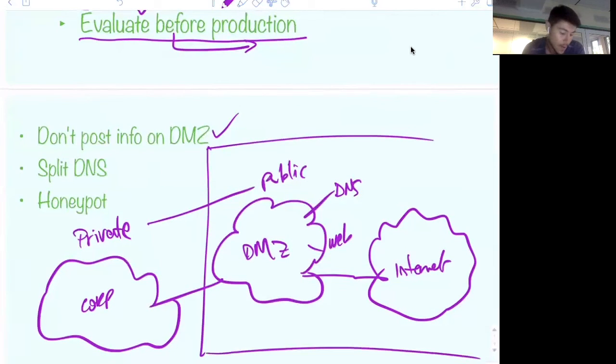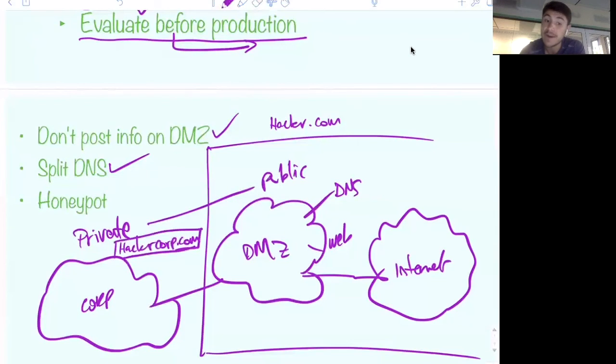So that's that. We want to split our DNS. If we have a domain name hacker.com outside on the internet, and we have here hacker.corp for corporate, we don't want outside access to that network.